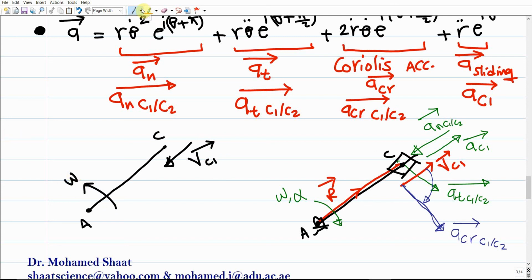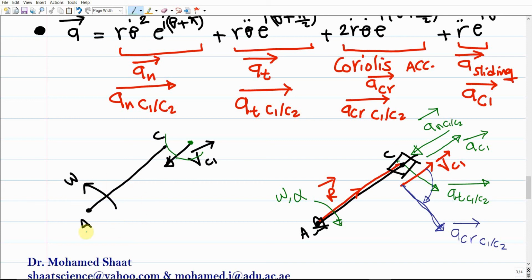So if I ask you to give rotation to VC1, this is the start point, right? You can give rotation to VC1 either in this direction or this direction, right? Because you fix the start point and just rotate in the same direction of omega.